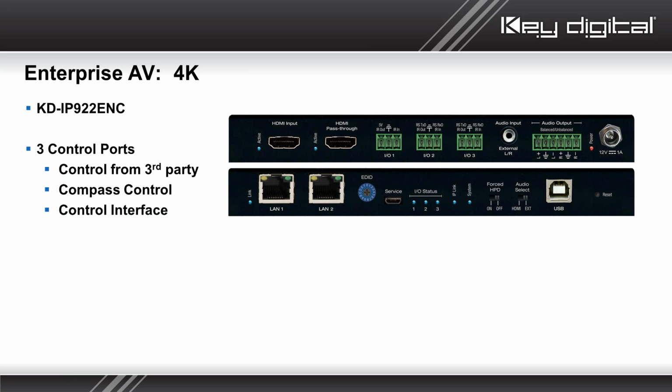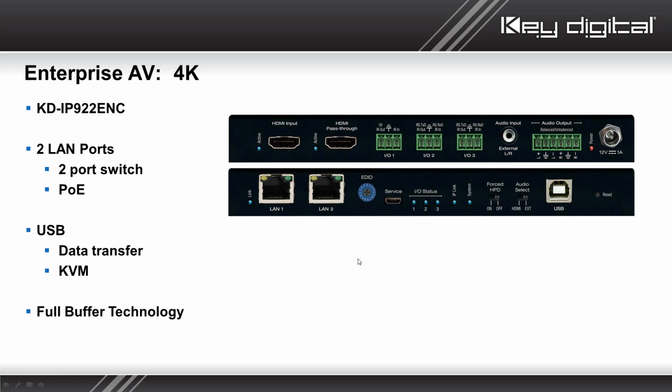If you're familiar with the control interfaces in the industry, one of the most commonly known devices for that is Global Cache, for example, and you could think of this as a device just like a Global Cache. So that's built in as a usage mode for the 3 control ports.